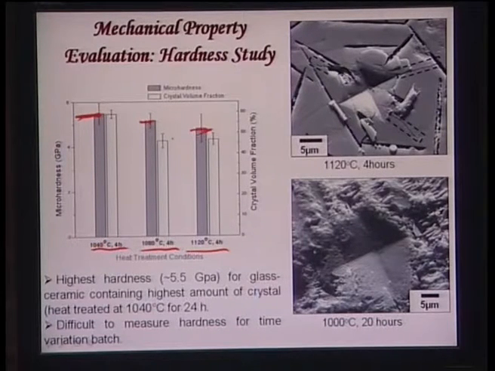Now 5 gigapascal is not a bad number; it is actually a good value as far as glass ceramics are concerned. What you notice here is that although the indents are very sharp in these glass ceramics, they do show extensive crack propagation because of the brittleness, and fractures are also observed as the indent interacts with these mica crystals.